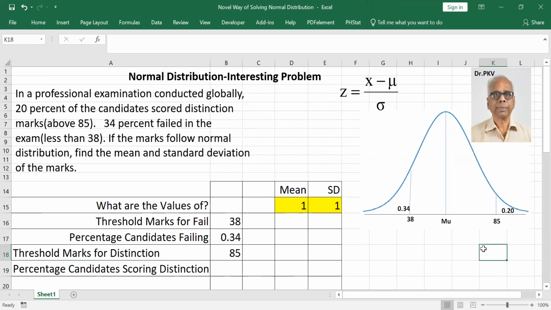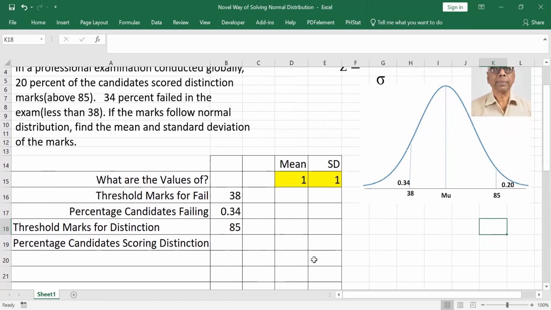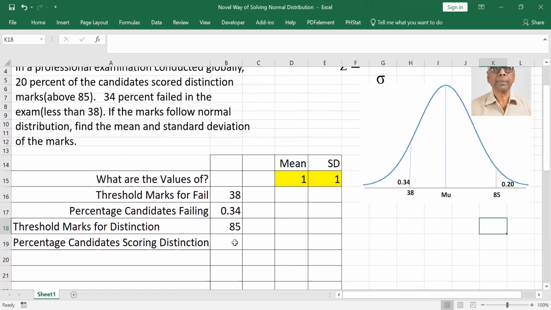Now, the percentage of candidates scoring distinction is given as 0.2. Let me make this clear. So this is the position.